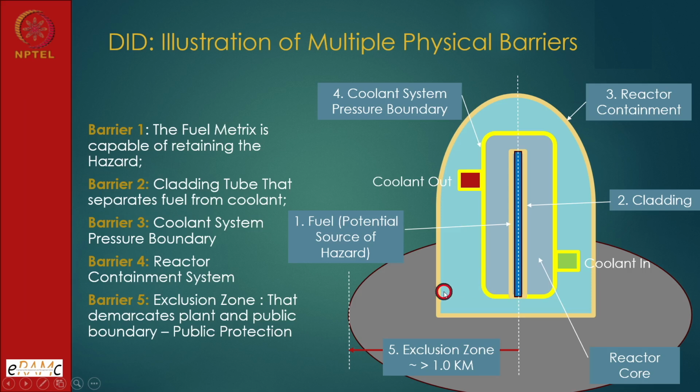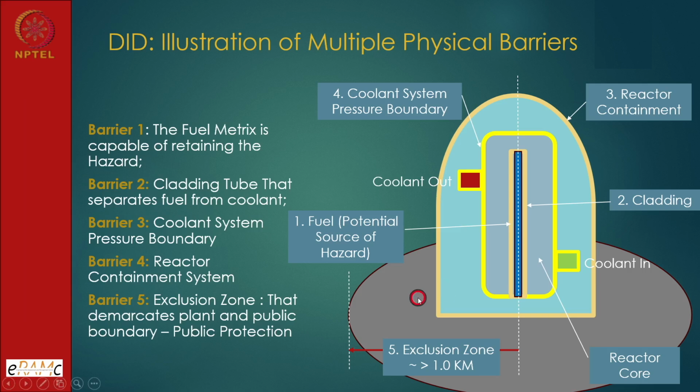So the fourth is the reactor containment. It is a containment which can be isolated during accident conditions, and it is ensured that the public is kept safe. There are no radiation consequences outside the plant boundary.